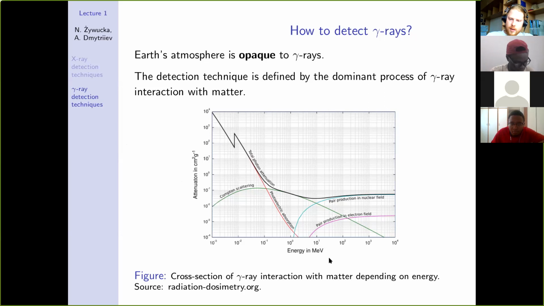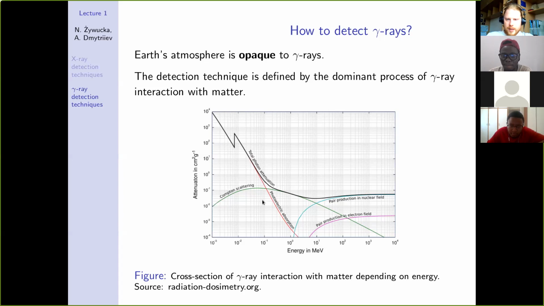The x-axis shows the energy in MeV. Gamma rays start, as I said, at 100 keV, so 0.1 MeV, somewhere around here. I don't know if you see my cursor. I hope so. Here are the gamma rays, and below these are hard X-rays.